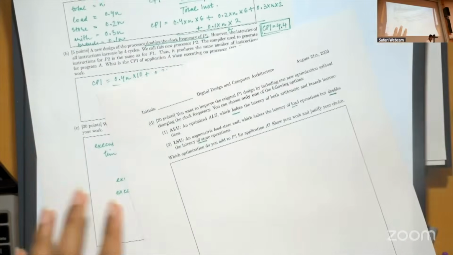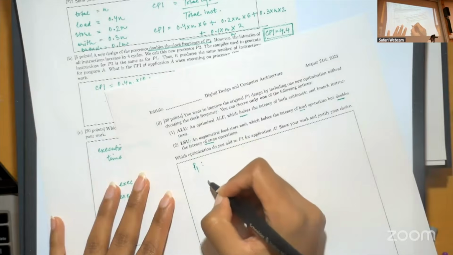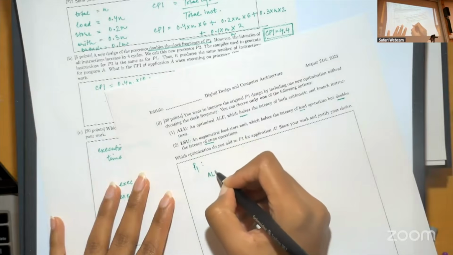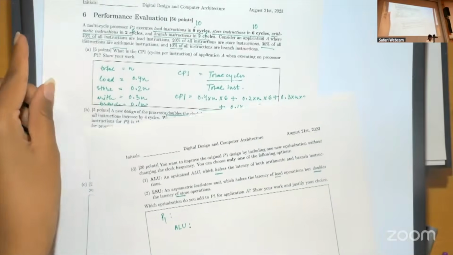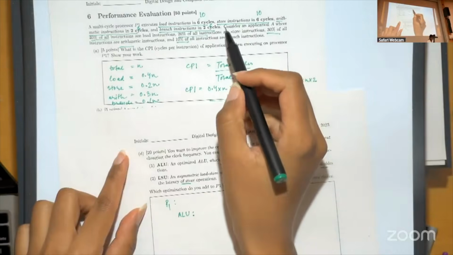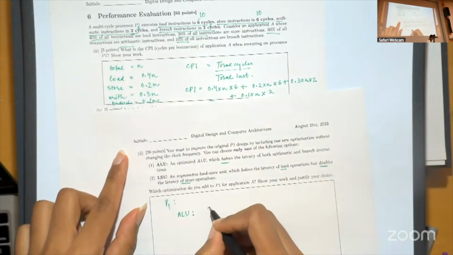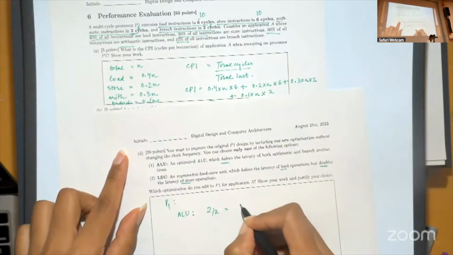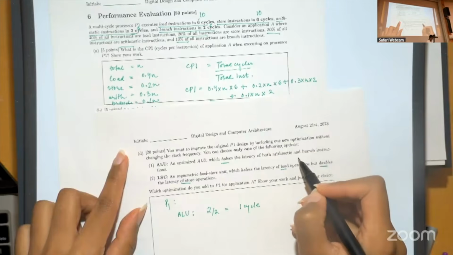That means we have to do it for processor 1. So if we do the ALU thing, then earlier the cycles to execute an arithmetic instruction were 2, but now they are halved. So it will be only one cycle for arithmetic instructions, and also branch instructions.